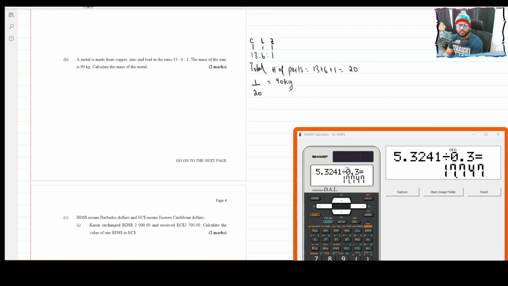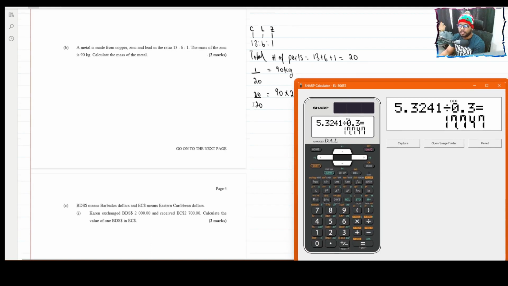Well, if I know what 1 out of 20 is, I can calculate what 2 out of 20, 6 out of 20, 13 out of 20 is. I could also calculate 20 out of 20, which will be the mass of the entire metal. So 20 out of 20, it's going to be just 90 multiplied by 20, which is 1800 kilograms. And that's the mass of the metal.